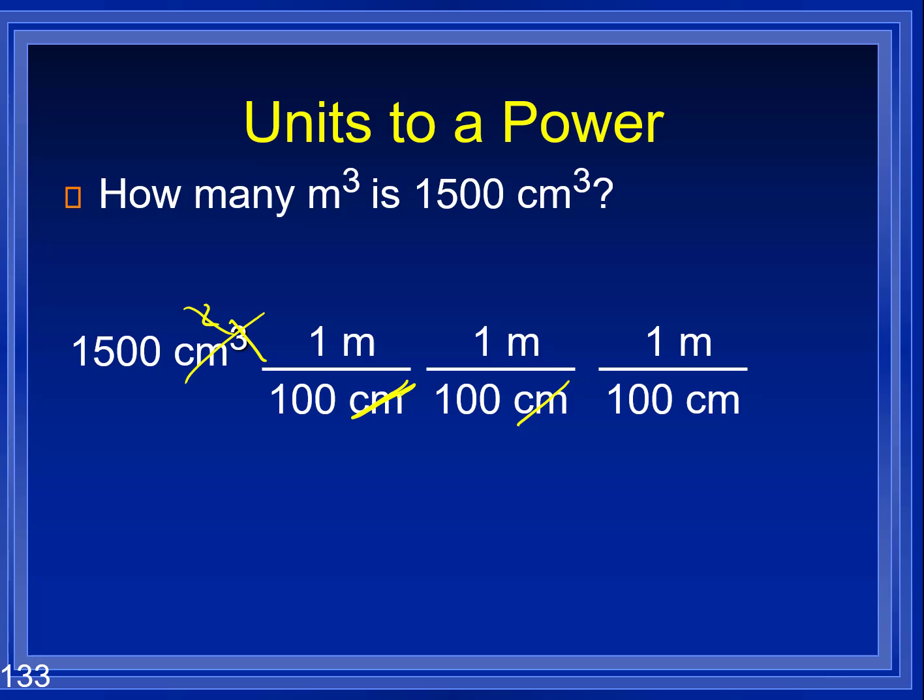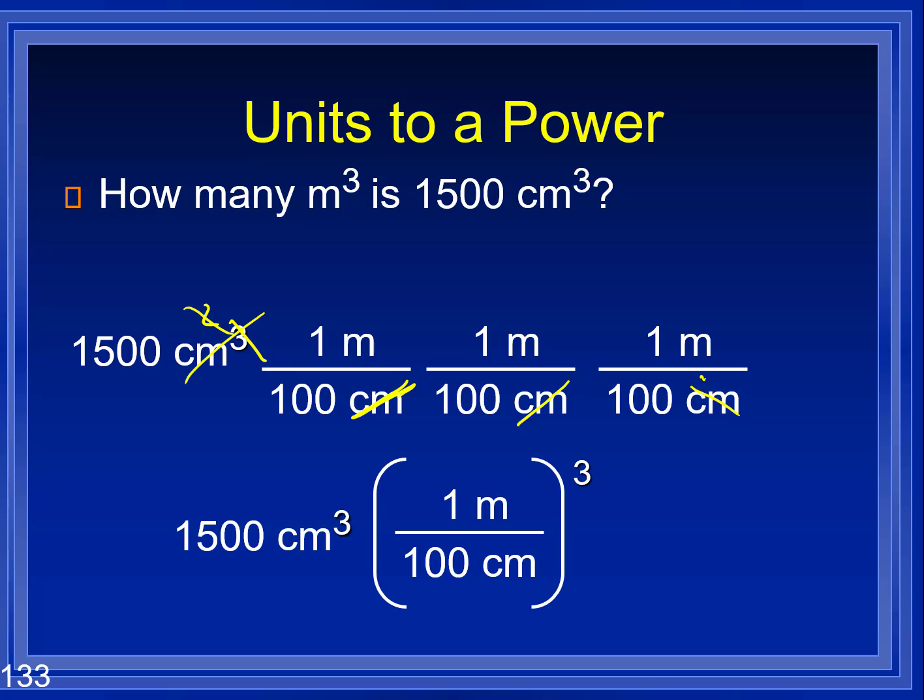Except that's a lot of writing. I'm too lazy. Mathematically, there's a shorter way to write this. Ta-da. Now you just have to know how to punch that on your calculator.